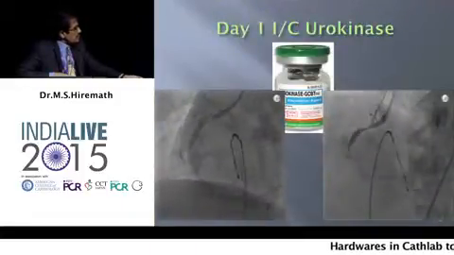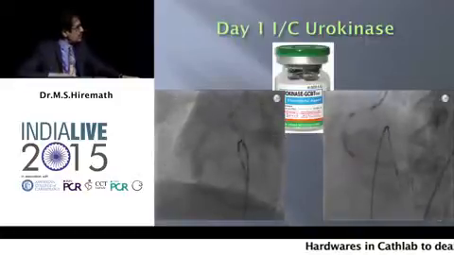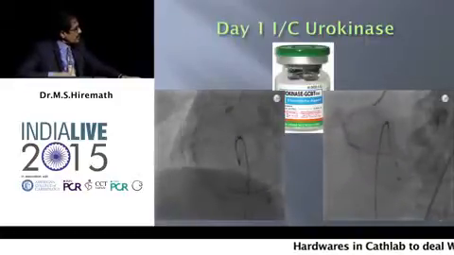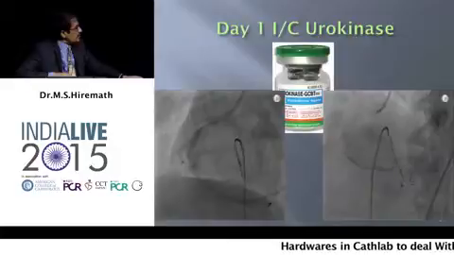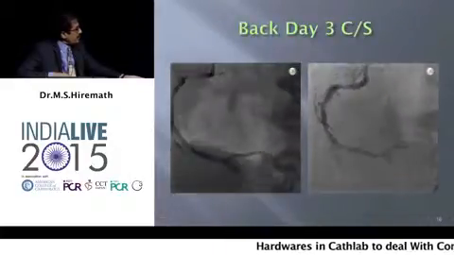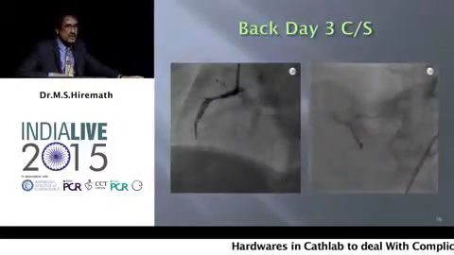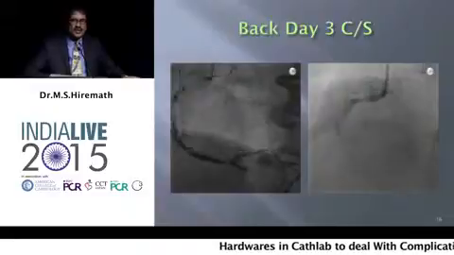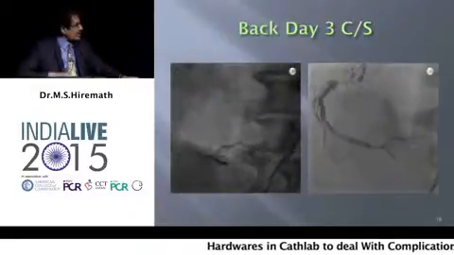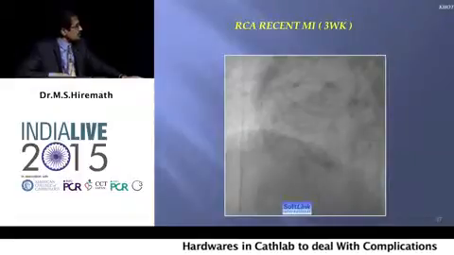But finally, what we used was urokinase after talking to Dr. Prabhakar. And then we bring him back on day 3, a fairly clean-looking vessel, and then easy stent in this particular area. So some of these things like urokinase are not kept in the cath lab, but maybe you should start putting these in the cath lab too.